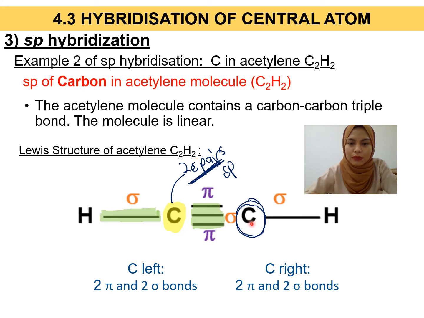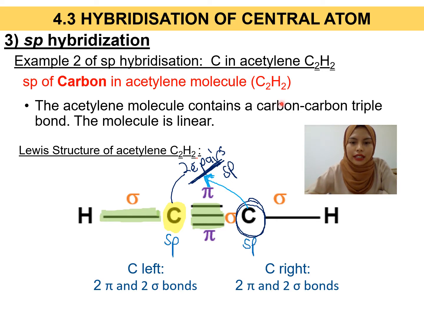So for this carbon pun dia ada 2 electron pairs at the central atom. So kalau 2 electron pairs, therefore the electron arrangement for this carbon should be linear, and that's why this carbon ni dia ada sp type of hybridization as well. So kedua-dua carbon ni akan ada sp type of hybridization.